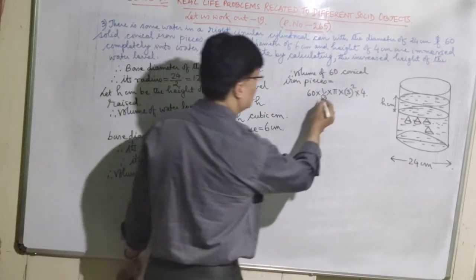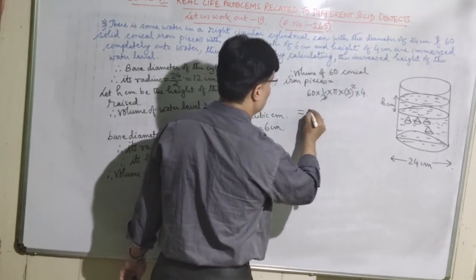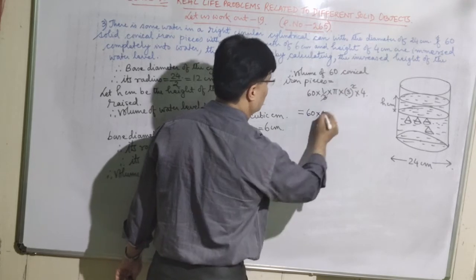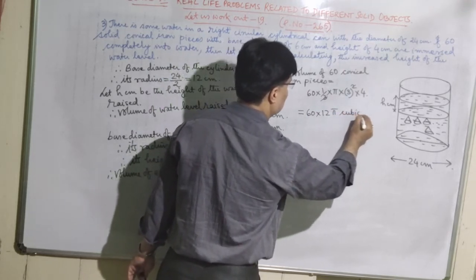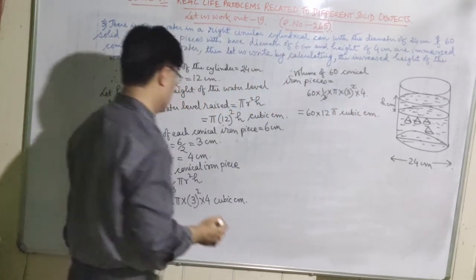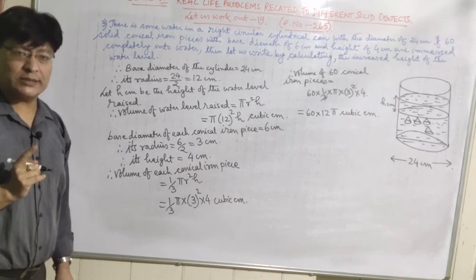Is that clear now? So here 3 and 3 will be cancelled. So which is equal to 60 into 4 3s are 12 pi. What is the unit here? This is cubic centimeter. So I think you have understood it.